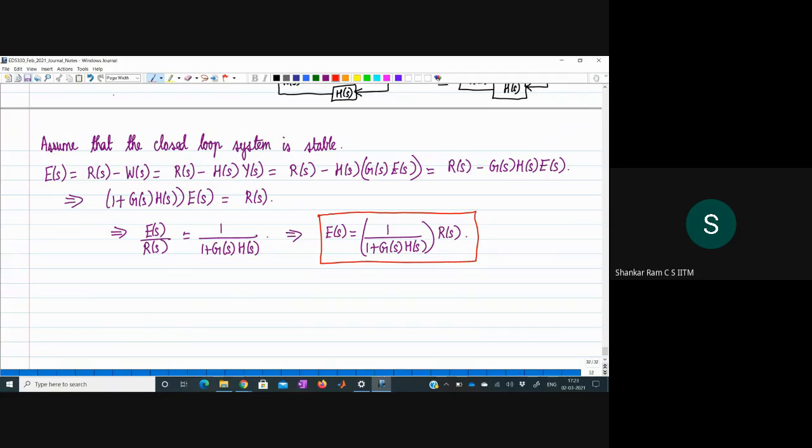Now we use a property of the Laplace transform, the final value theorem, because we are looking at steady state error. What is steady state error? Let us say we have a fan, and we specify that the rotational speed of the fan should be 100 RPM.